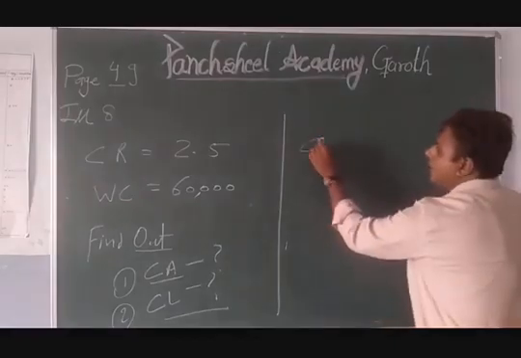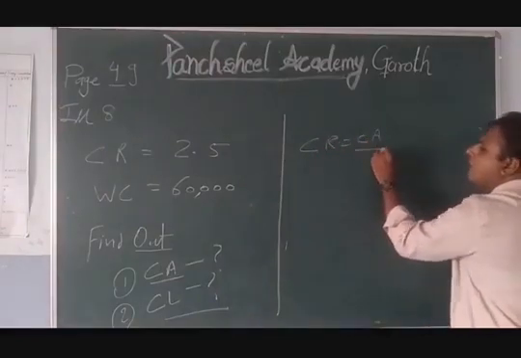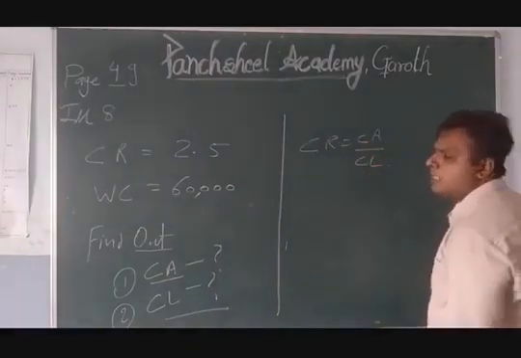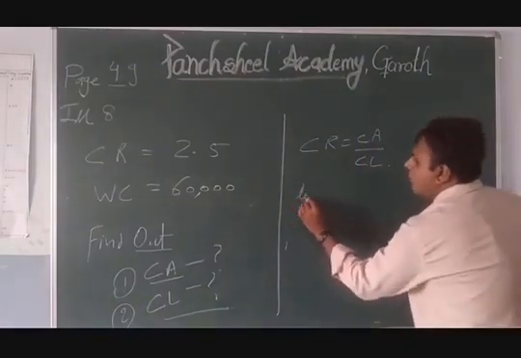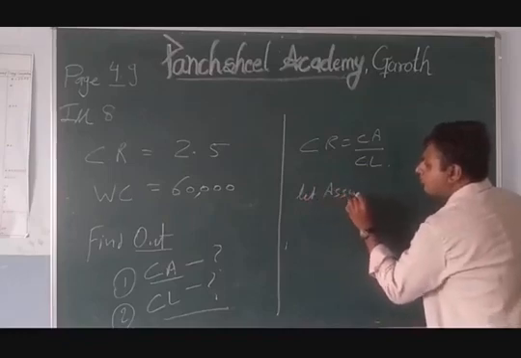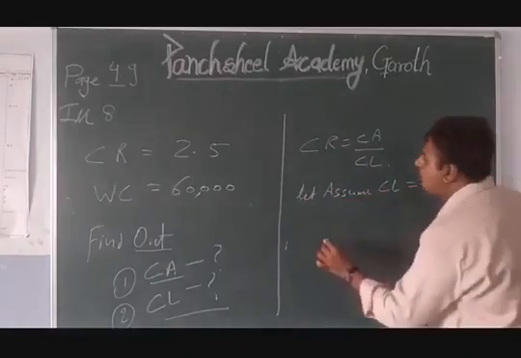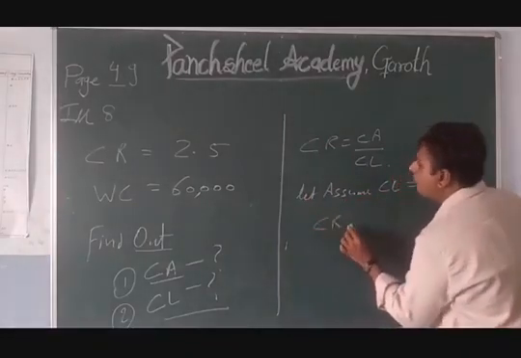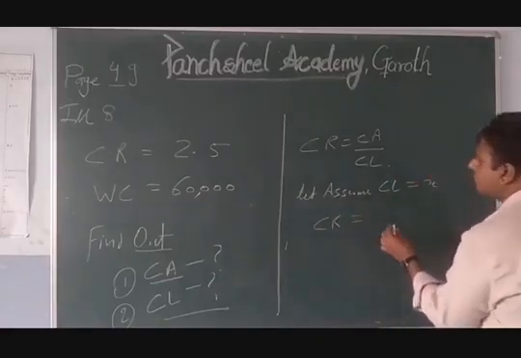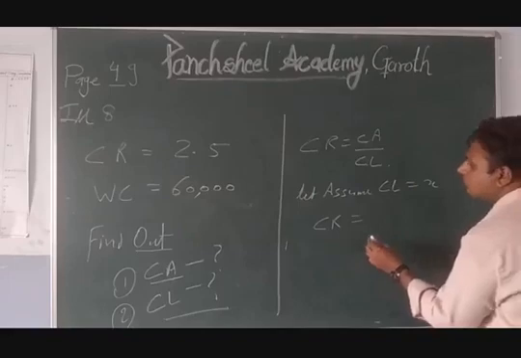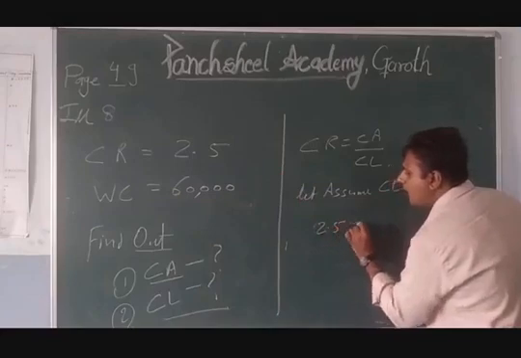See here the solution. Current ratio is equal to current asset divided by the current liability. Same formula, you must know this. Now, let's assume current liability is equal to X. So now the formula becomes: current ratio, how much? 2.5.